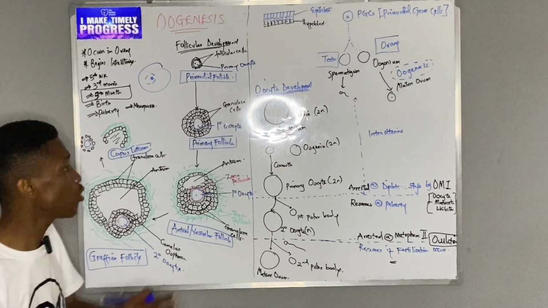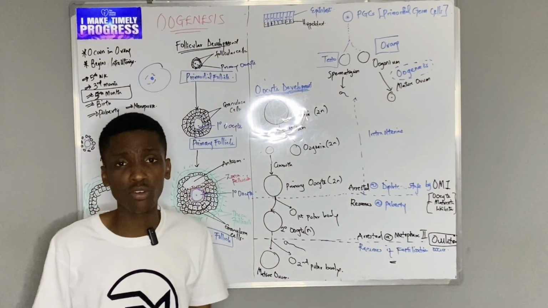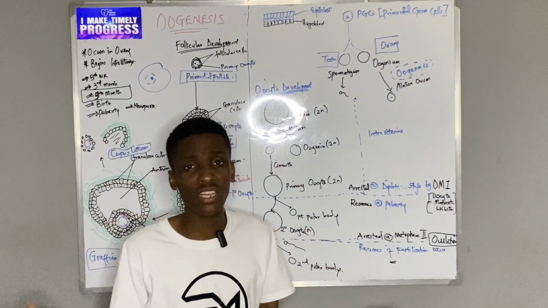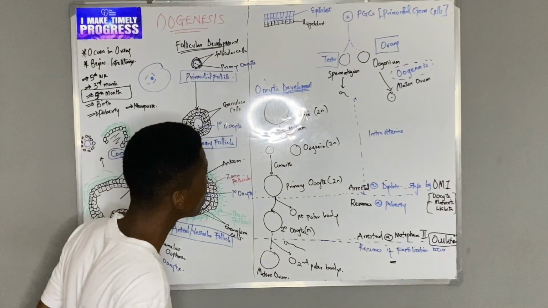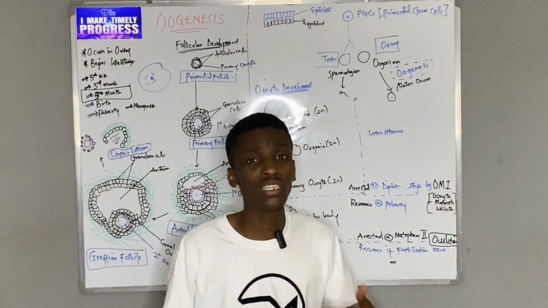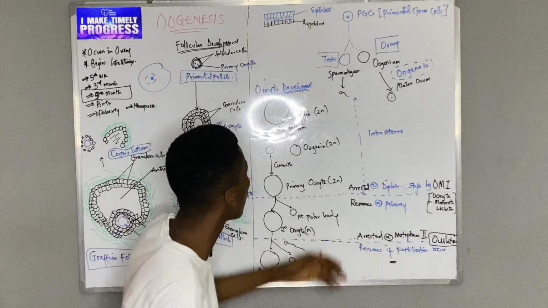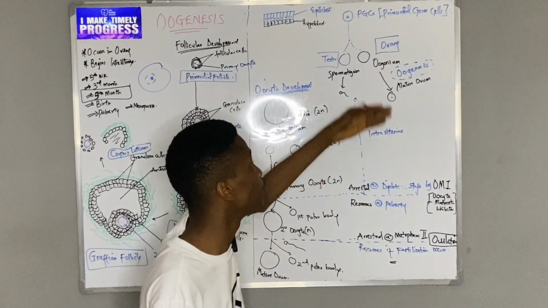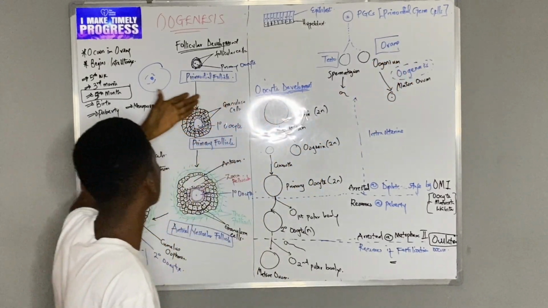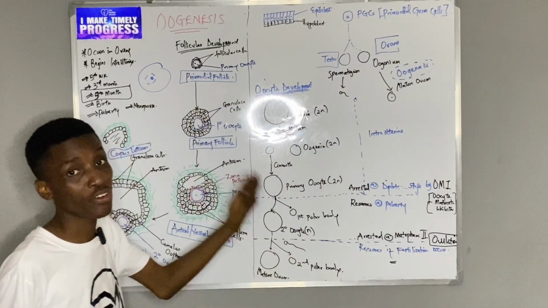All right, in summary, the key things to take note of in oogenesis: oogenesis is the development, differentiation, and maturation of oogonium to mature ovum, occurring where? In the ovary. Now, when does it begin? Intrauterine life.